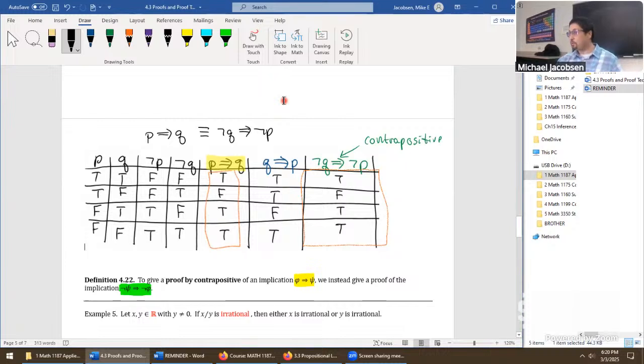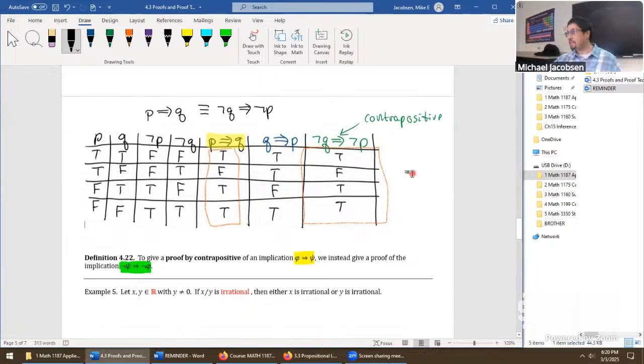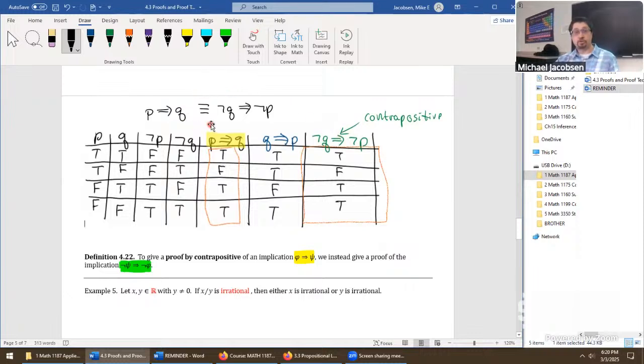So that's what we're going to practice in the next couple problems. First, any questions, folks, with this logical equivalence here? Let's just say here for extra emphasis that that is the contrapositive as well.